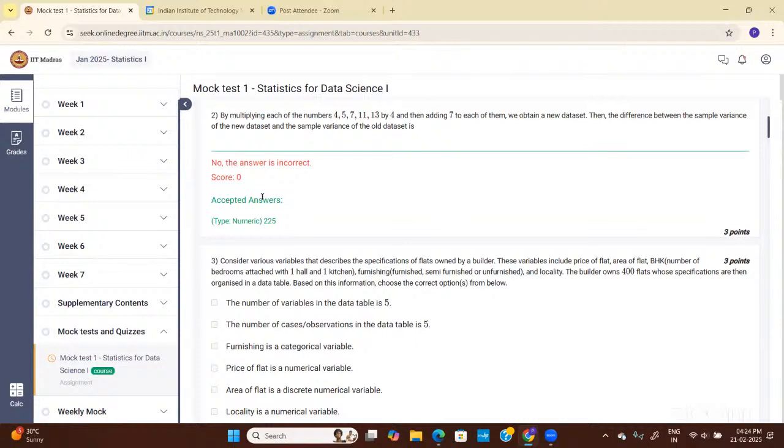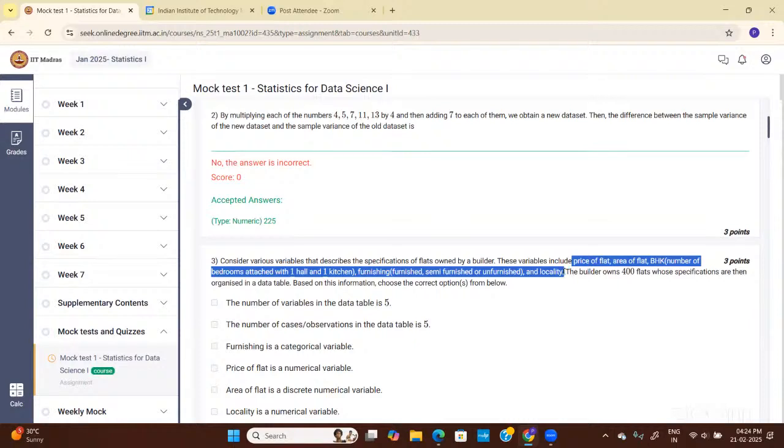Price of flat, area, BHK, furnishing, and locality. So these 5 are the variables in the data set. So option number 1 will be correct.